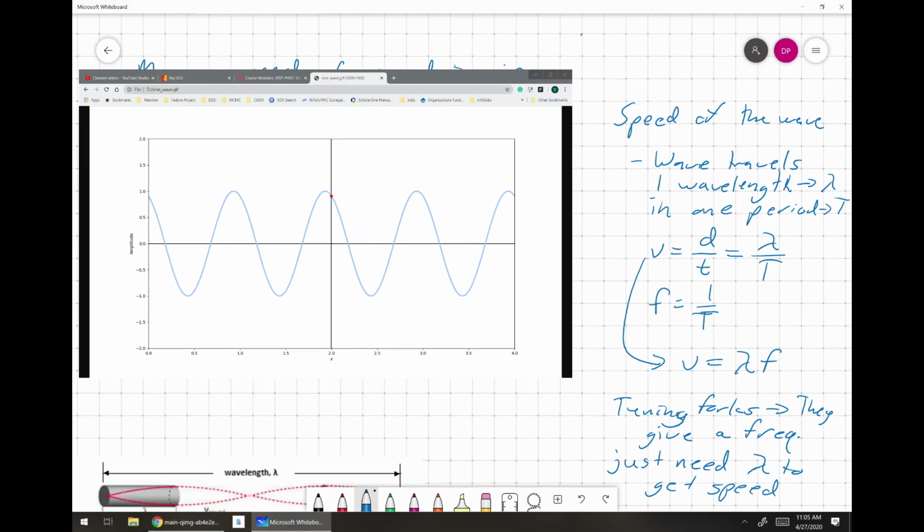Okay, so we can then determine the wavelength through use of something that we refer to as a resonance tube. And this resonance tube is just a tube that we fill with water. It has a metal cup attached to it where there's a hose that runs between the cup and the bottom of the tube.